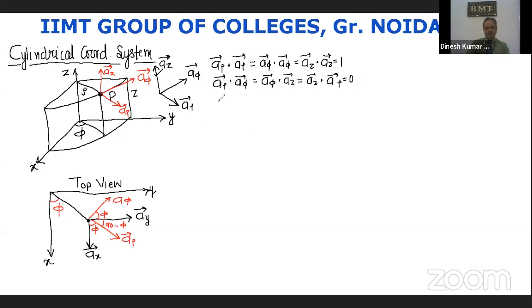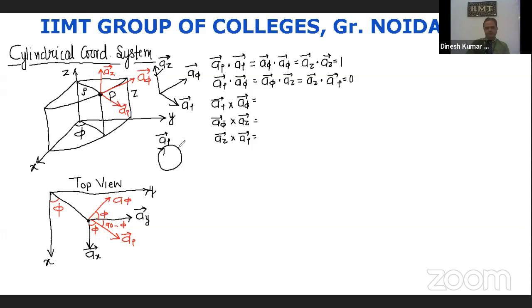Similarly, for the cross product of a rho and a phi, a phi cross az, and az cross a rho, this can be calculated with a very easy method which we discussed in the previous lecture also.